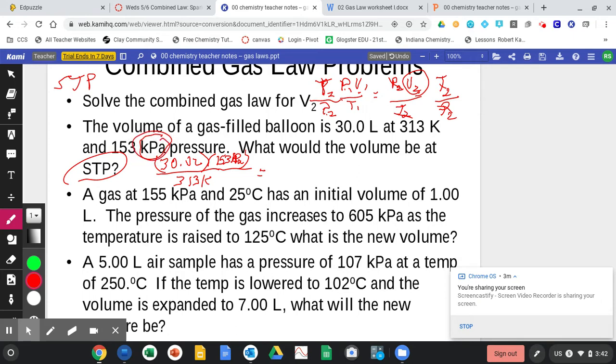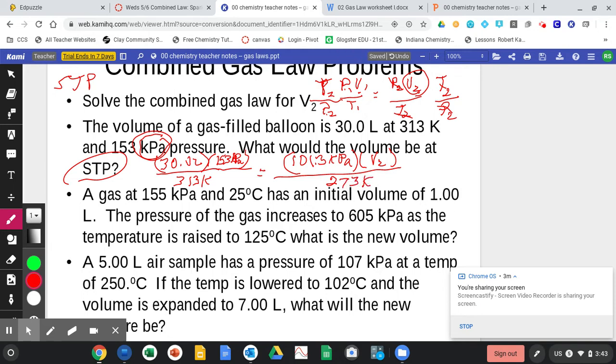Since this is in kilopascals, I am going to choose the 101.3 kPa. I don't know my V2. And my T2 standard temperature would be 273 Kelvin, 0 degrees Celsius or 273 Kelvin.